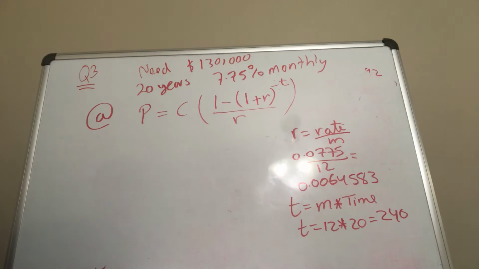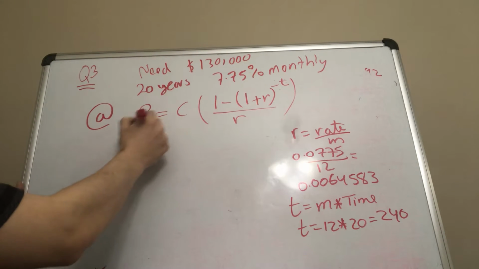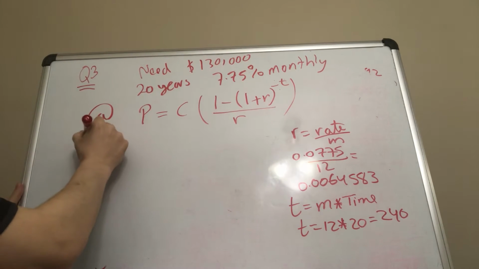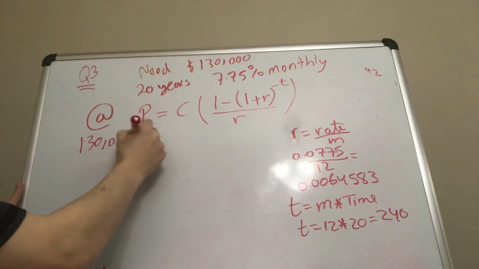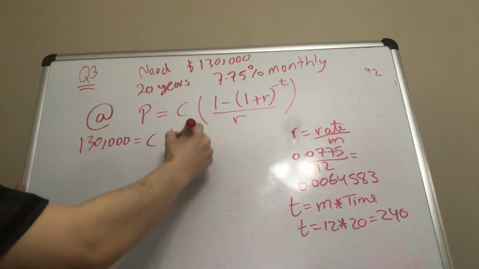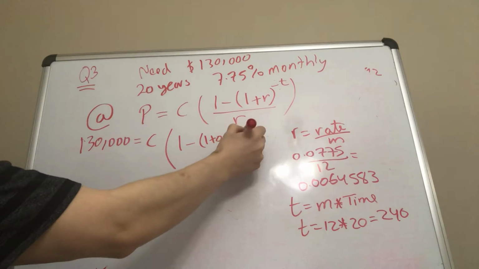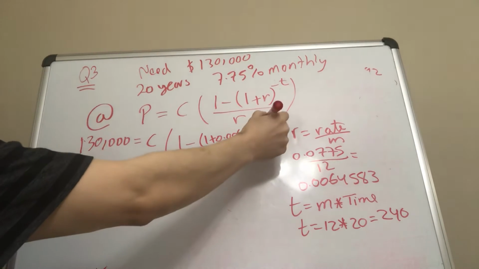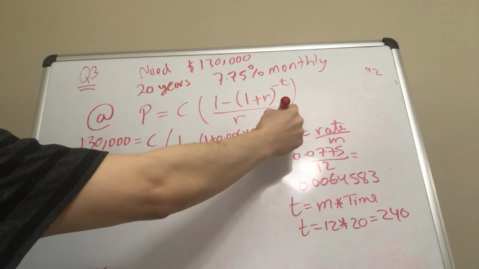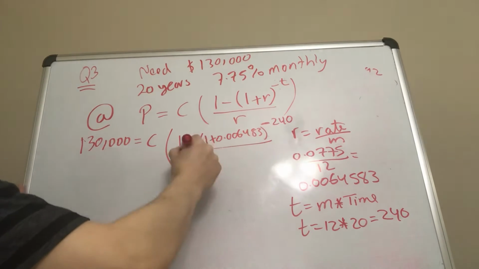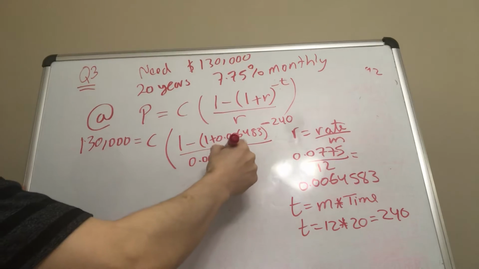Okay, so we put everything together now. The P, the present value in this case, would be the loan amount. C is what we're looking for. 1 plus R, which is 0.0064583, to the minus 240, over 0.0064583.